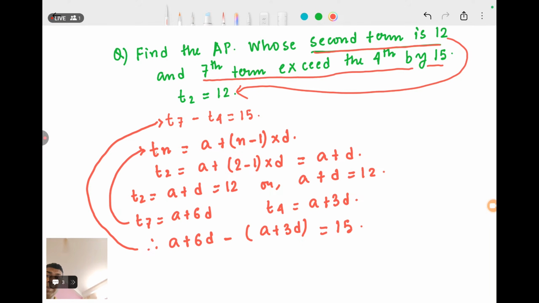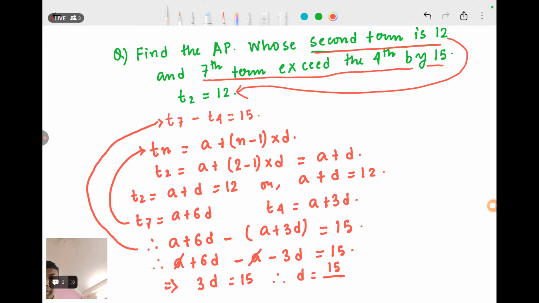So by putting the formula in this equation, we get a plus 6d minus a plus 3d is equal to 15. Therefore, a plus 6d minus a minus 3d is equal to 15. So a cancels, that is 6d minus 3d is equal to 3d is equal to 15. Therefore, d is equal to 15 by 3 is equal to 5.